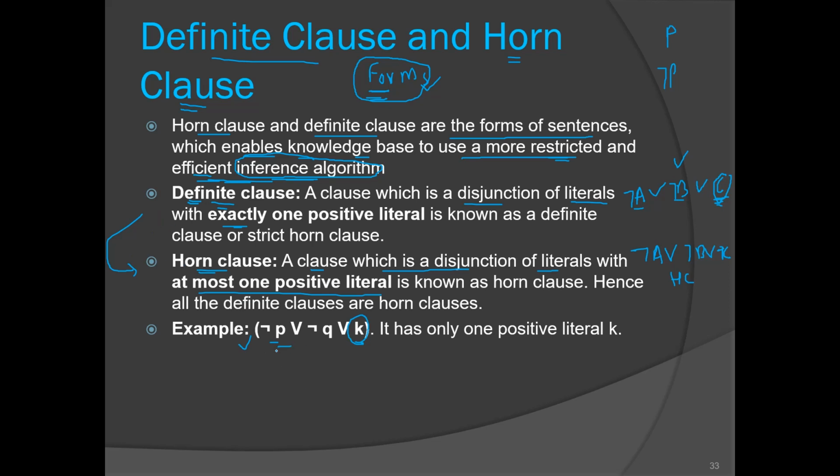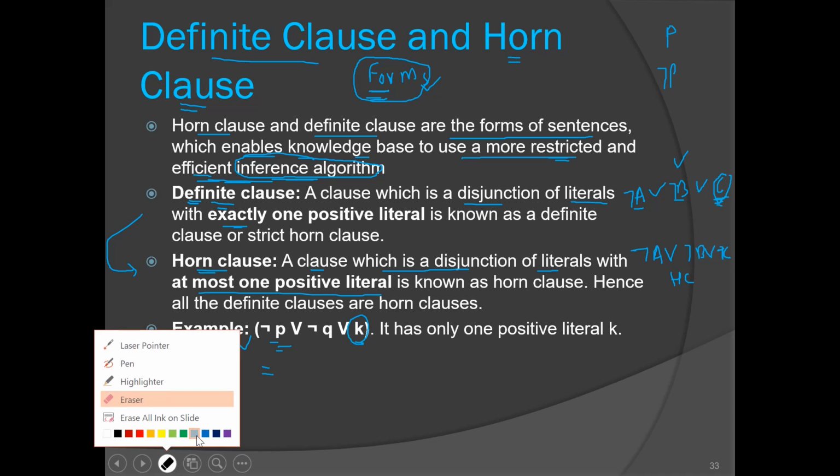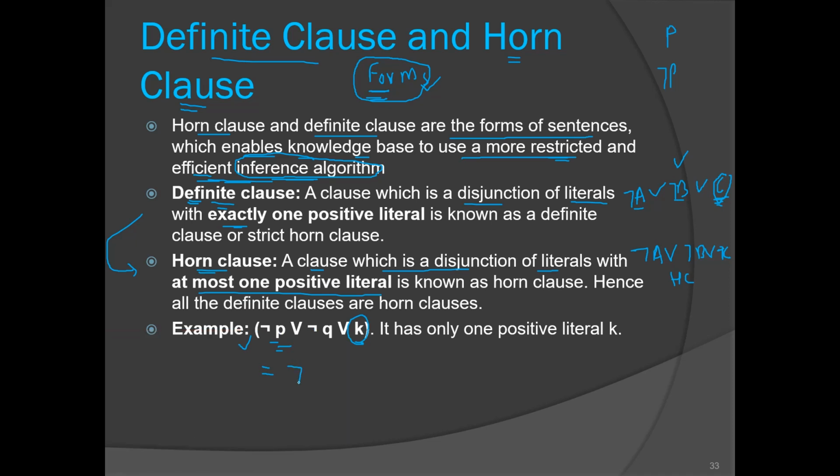Now behind the scene what is happening? If I simplify this, if I take the negation common, I have to apply the reverse of De Morgan's law, so this becomes not (P and Q) or K, and this is nothing but P and Q implies K, right?